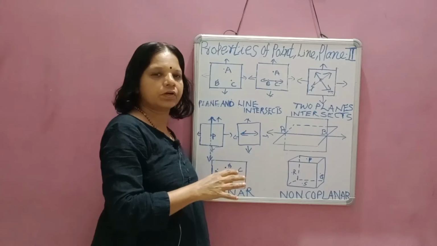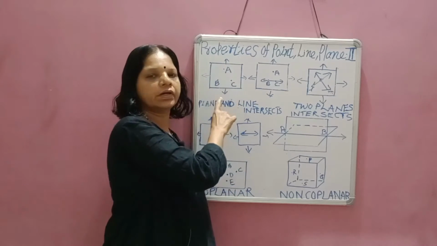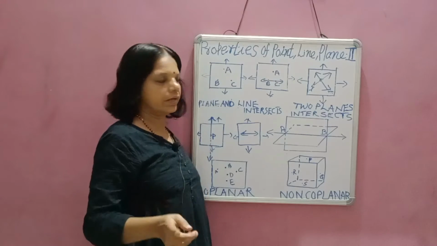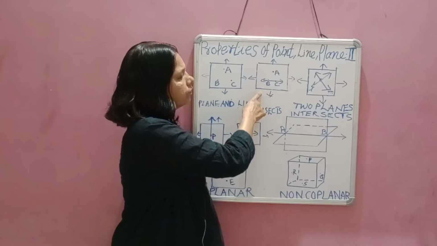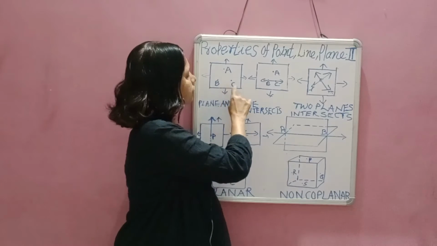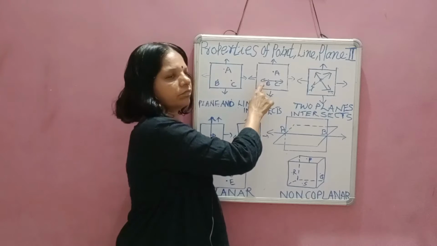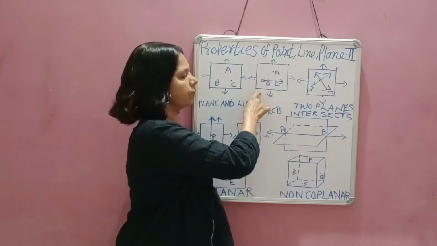So what is the property? Three non-collinear points determine a single plane. Now come to the second figure. This is also similar to the first property. Instead of 2 points, we considered a line. So what is that property?